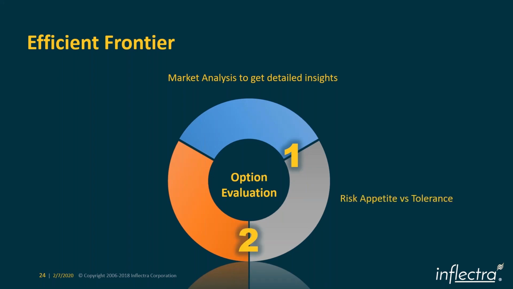The second one is going to be risk appetite versus risk tolerance. Risk appetite is at the organizational level. What does the company want to live with? Not you as an individual stakeholder or as a business unit. As a company, what is the amount of risk exposure that they are able to digest? What's acceptable for them.